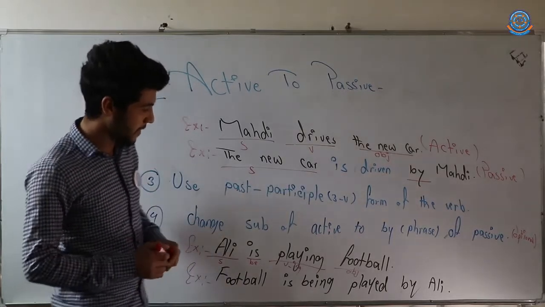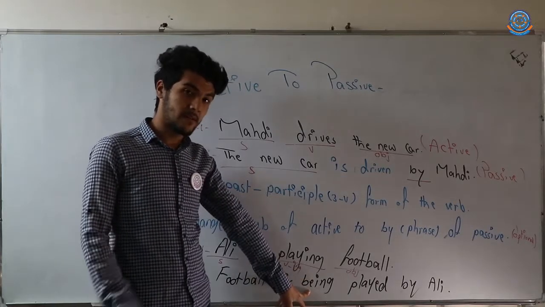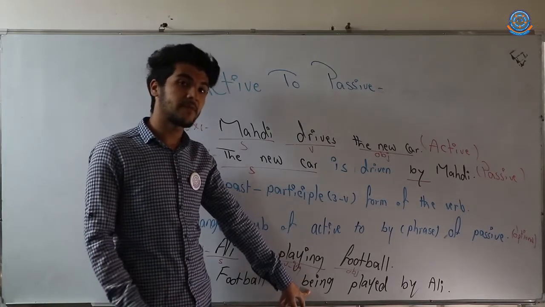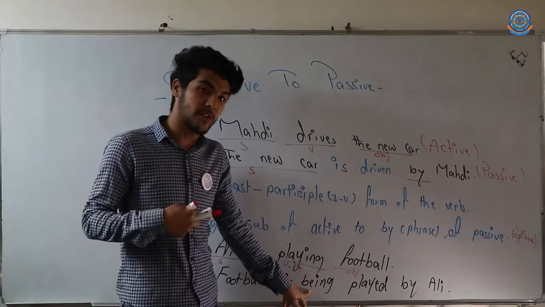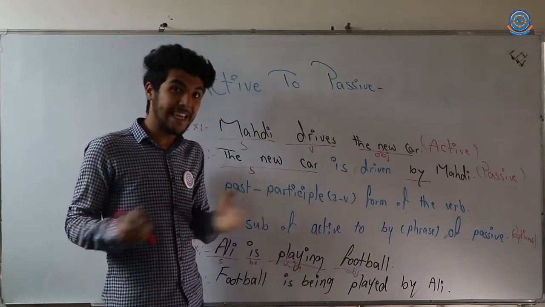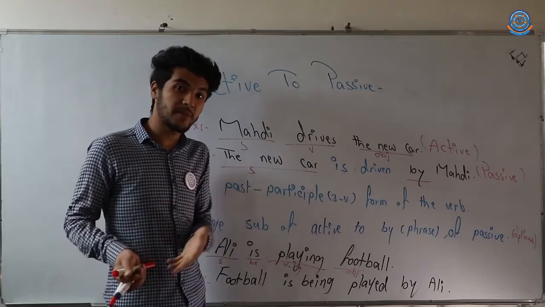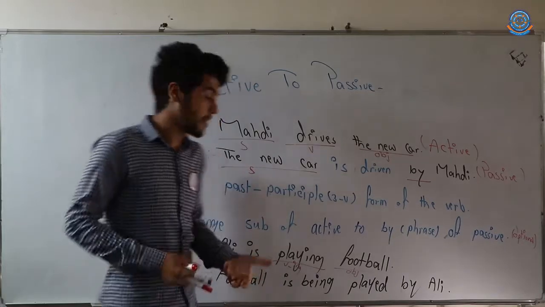Second, in all progressive tenses we use being. Past progressive, present progressive, future progressive, or any progressive. But before that, we need an auxiliary verb. I mean, you should use is being, was being, or will be being, because it should make complete sense.